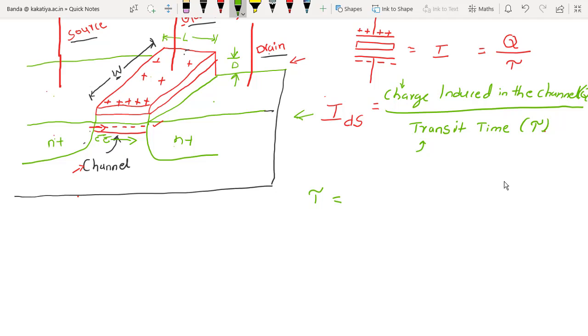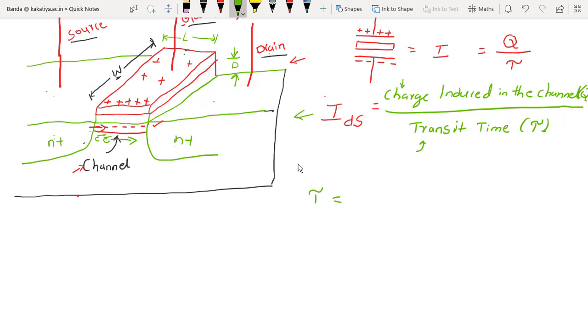Transit time means the time taken by the electrons to travel from the source to the drain. Understand? Transit time means the time taken by the electrons to travel from the source side to the drain side.